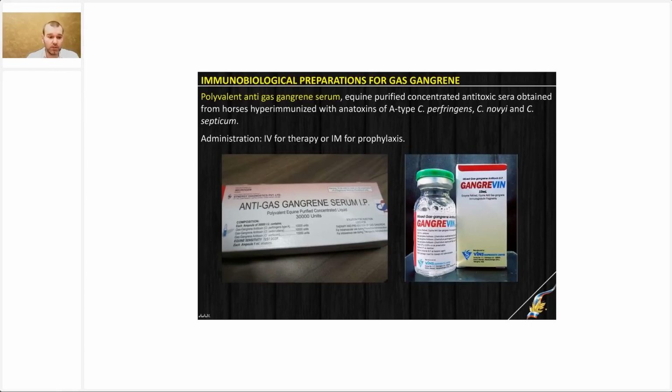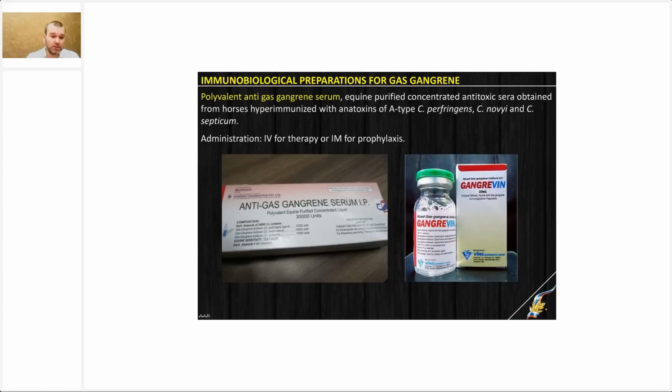And of course, that serum is polyvalent and contains the main types of antibodies. It can be used for treatment of any type of Clostridium perfringens because all produce alpha toxin. So usually for treatment of the disease, we use IV therapy to provide a systemic effect and to prevent the effect of the toxin on organs.